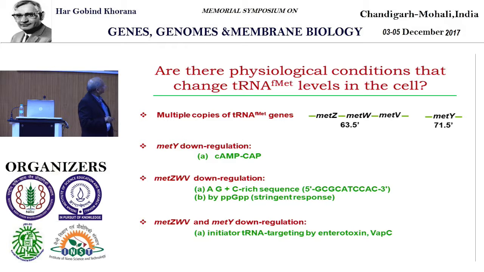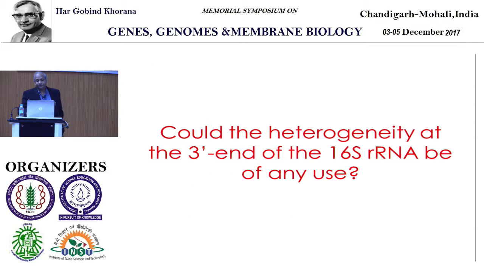There is also a connection that the promoter of the locus which has the tRNA genes is downregulated by ppGpp. There is a very interesting system where some viruses come with toxins, here a ribonuclease, which targets just the initiator tRNA, looks for the 3GC base pair, and targets that one. So there are situations in the cell which can downregulate the level of initiator tRNA.